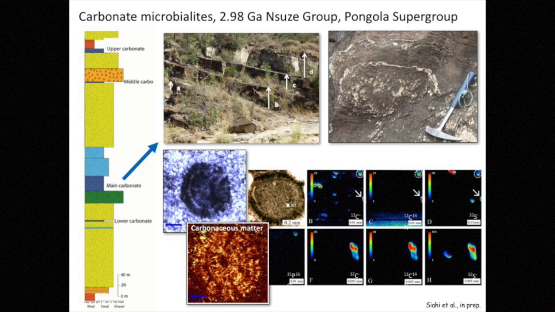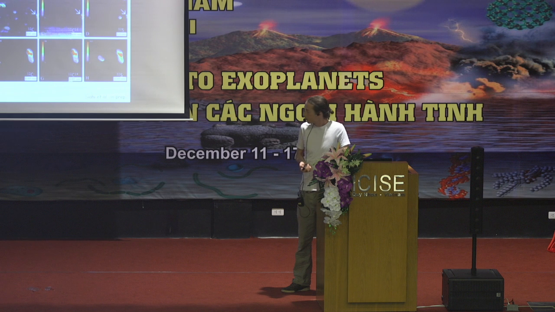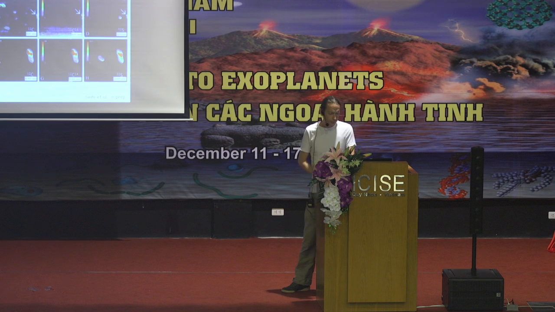Besides these stromatolites, you also find quite well preserved microstructures, like these carbonate ooids that are rich in carbonaceous matter, and the carbonaceous matter is associated with a number of biophilic elements, as indicated by this NanoSIMS analysis that shows that microbial processes were responsible for the formation of these ooids.